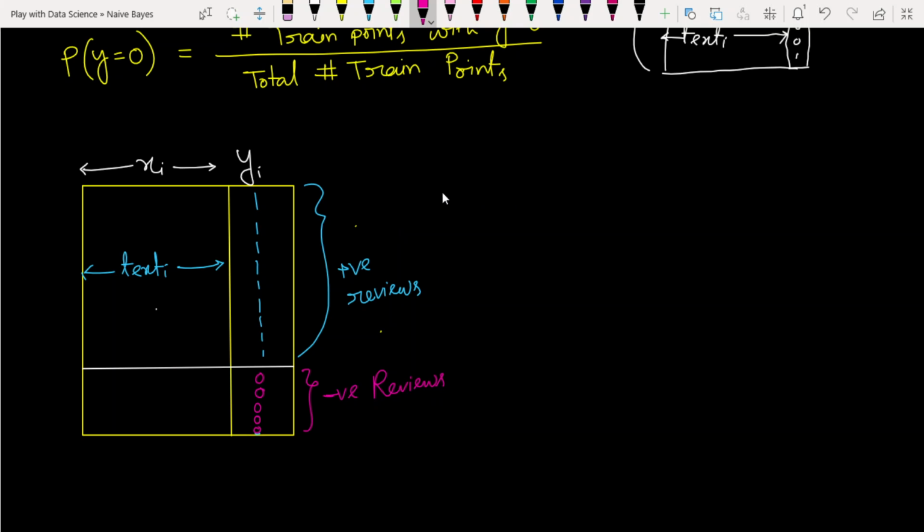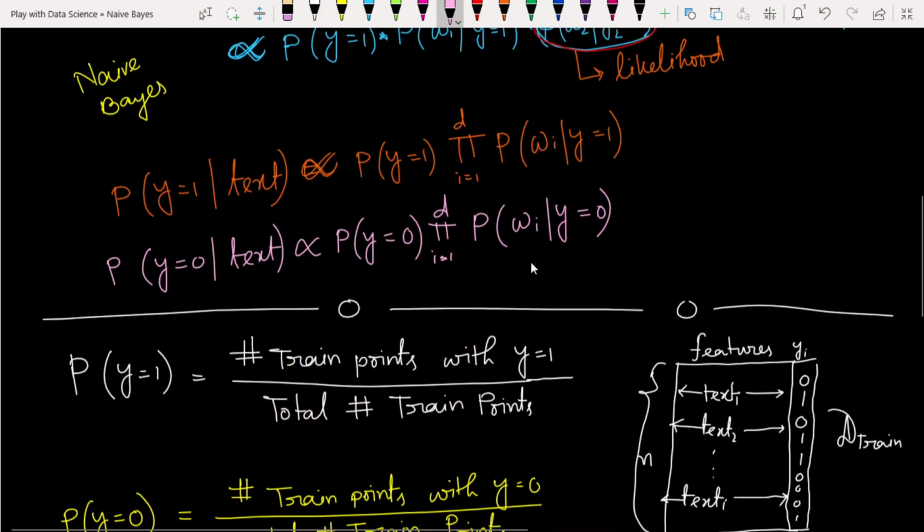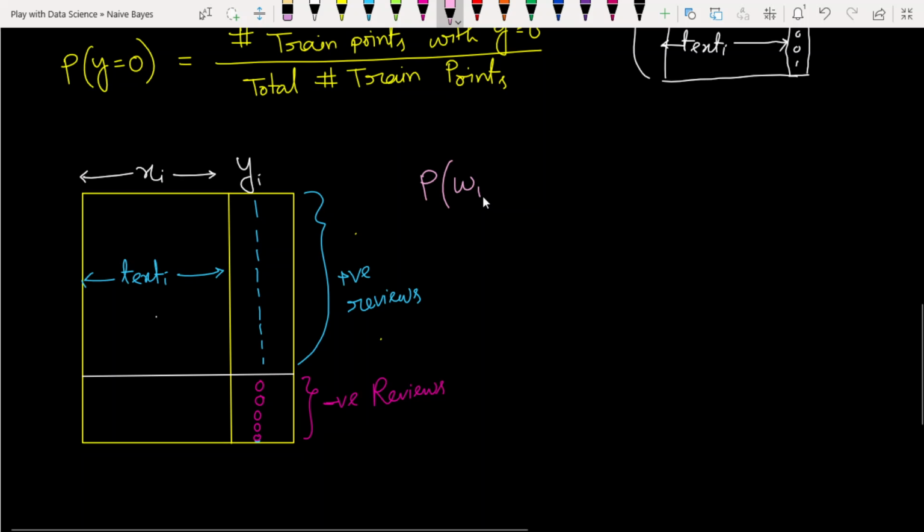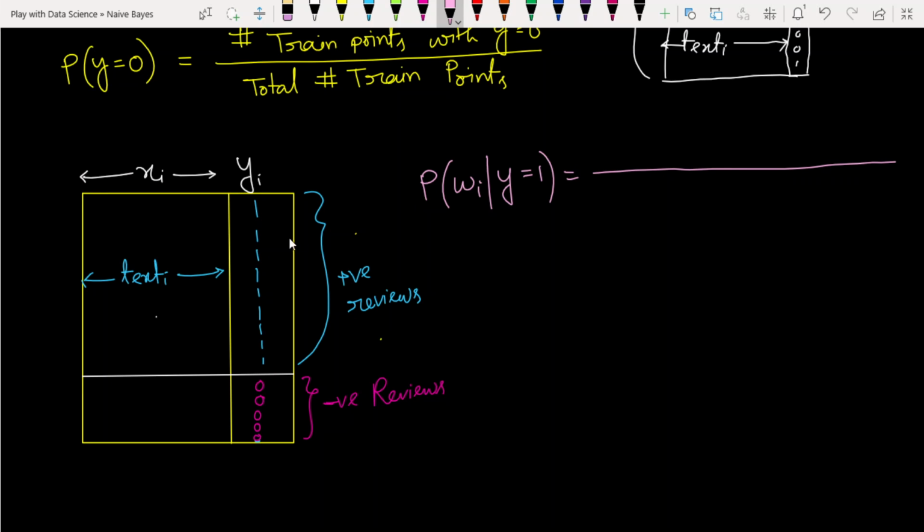Now we are interested in calculating the probability of wi, given our class label 1. In the denominator, we are interested only in class 1.